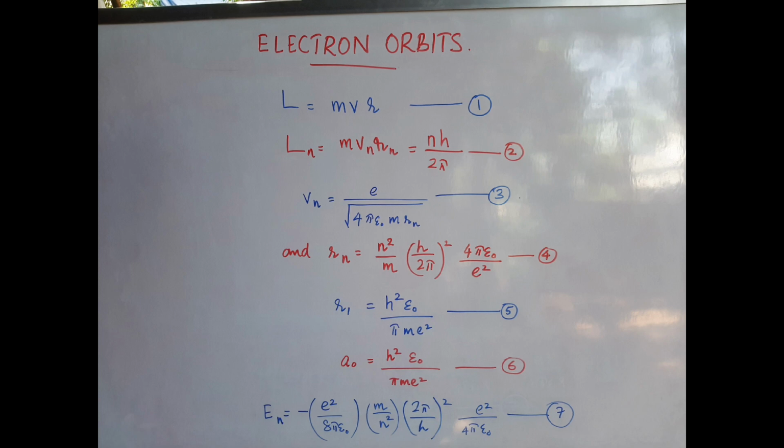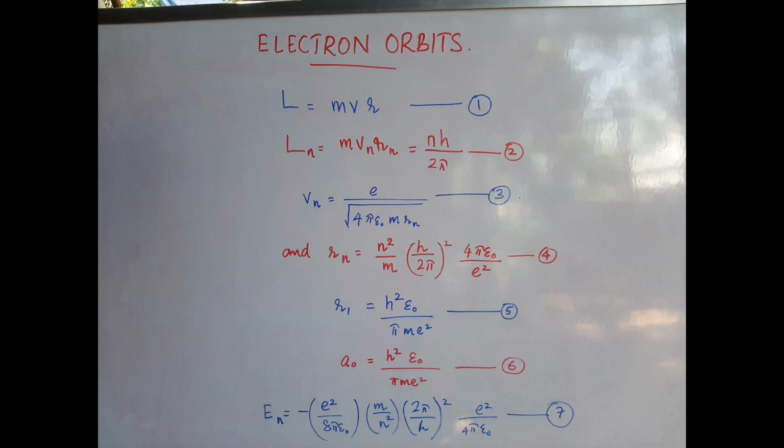So vn = (1/n)(e²/4πε₀)(1/(h/2π)). Similarly, rn = n²(h/2π)²(4πε₀)/(m e²). These two equations depict that the orbital speed in the nth orbit falls by a factor of n.